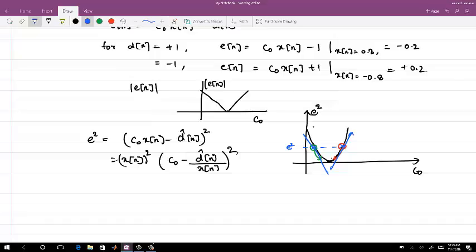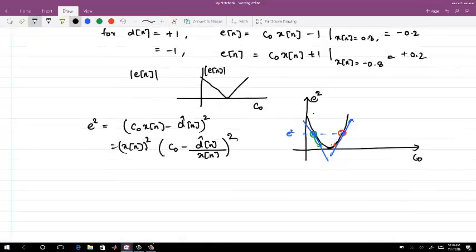Okay. So if I go and change the equation, let's say C of k plus 1 is equal to C of k, where C of k was at the kth instant.